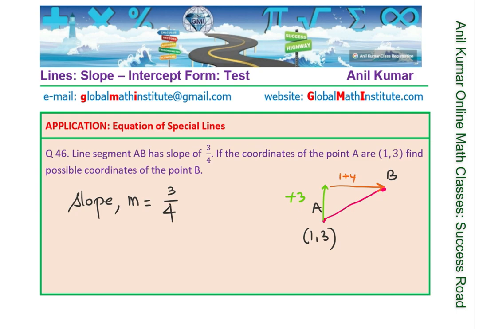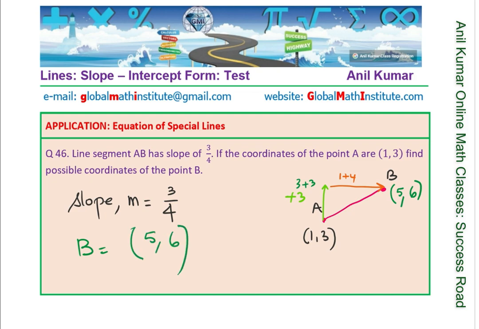And here 3 up means it will be 3 plus 3, correct? So what happens? The value of B can be 4 more than 1, which is 5, and 3 more than 3, which is 6. Does that make sense? Do you see that rise over run? So point B's coordinates are definitely 5 and 6.